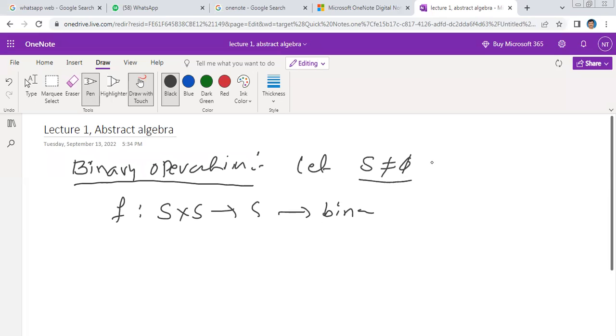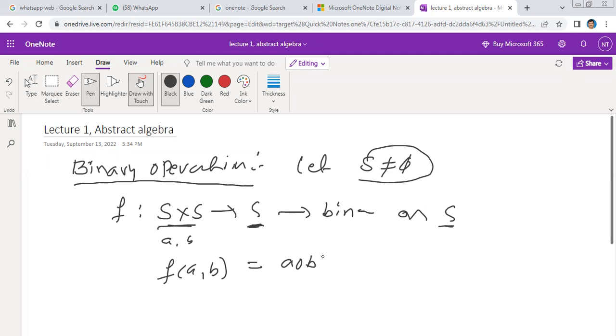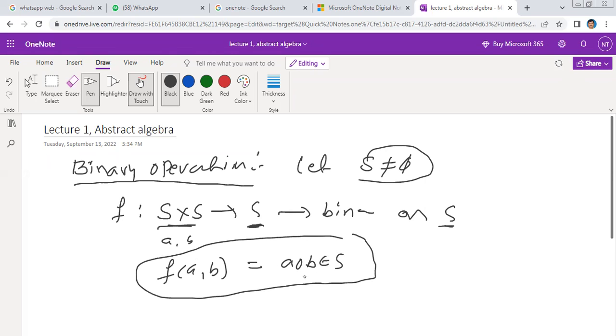So S is a non-empty set, and F is a mapping from the ordered pairs S cross S to S. This is called a binary operation on S. Suppose the ordered pair has elements A, B, then F of (A, B) goes to S. F of (A, B) in S is nothing but A circle B, which belongs to S. Suppose I take circle or plus or multiplication, any one operation.